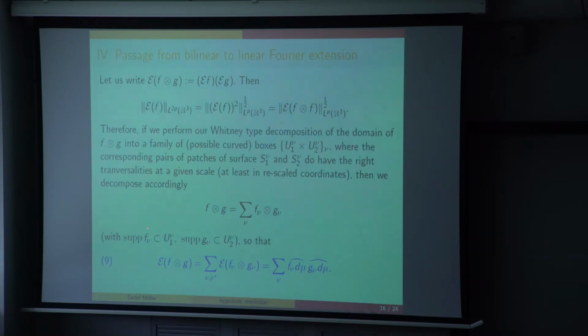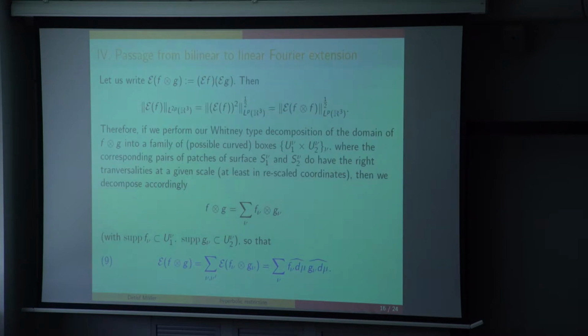And then, in the classical situation, what you try to do is decompose the domain of f tensor g away from the diagonal, some kind of Whitney decomposition adapted. You want to take boxes so that on pairs of boxes U1 and U2, you have the right transversalities and you can control estimates, right? That's the idea. And these are the Whitney boxes which I have explained before.